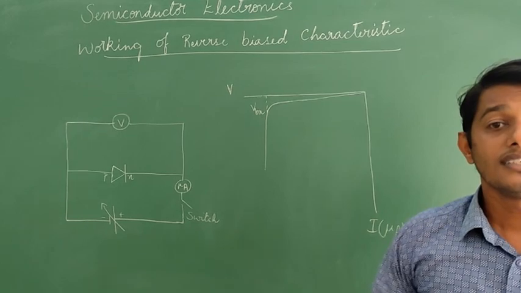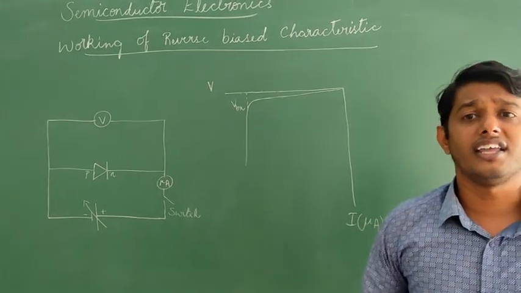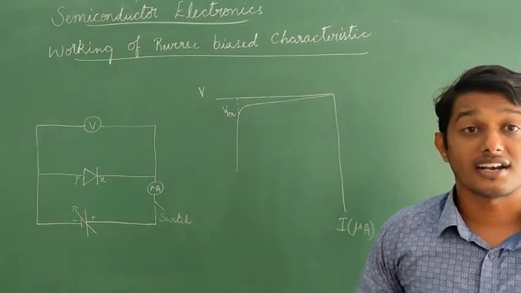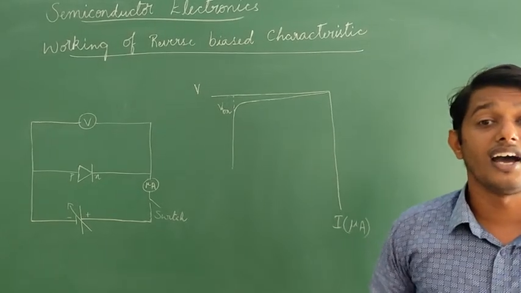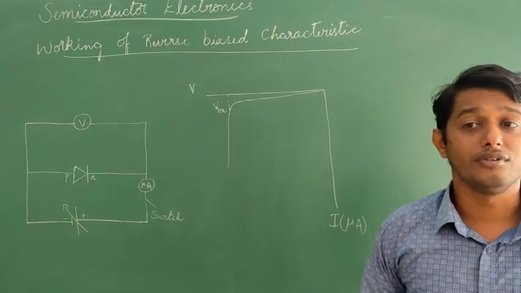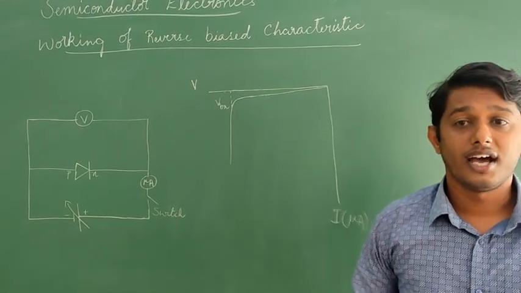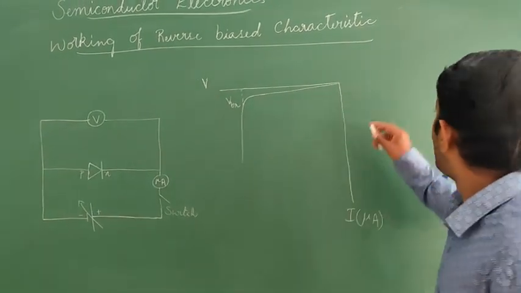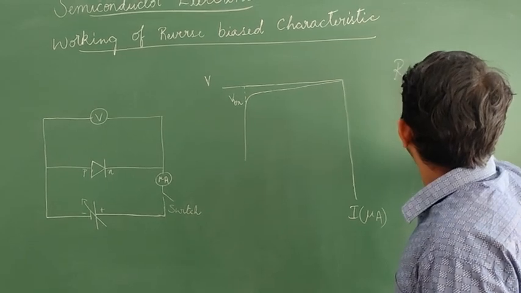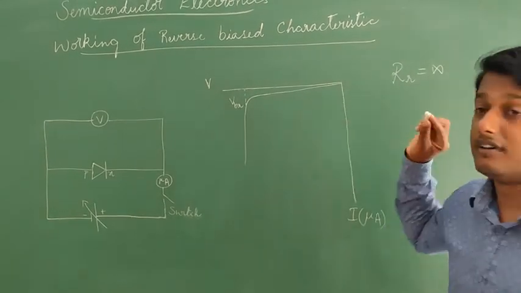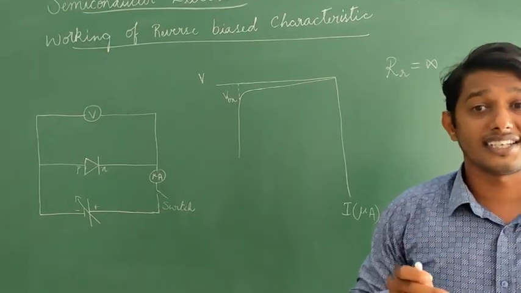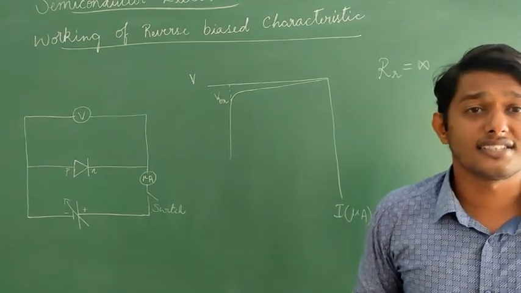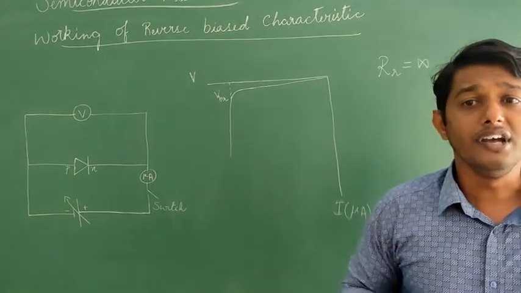The reverse resistance is very high. For an ideal diode, the reverse bias resistance R is almost equal to infinity.